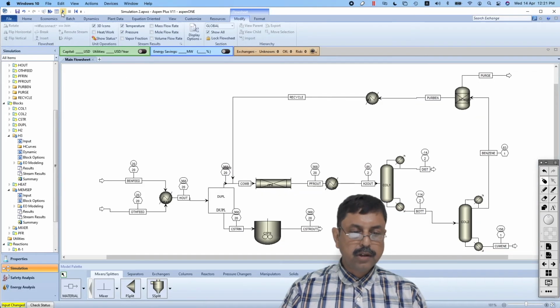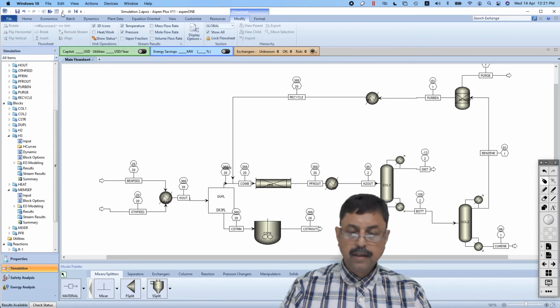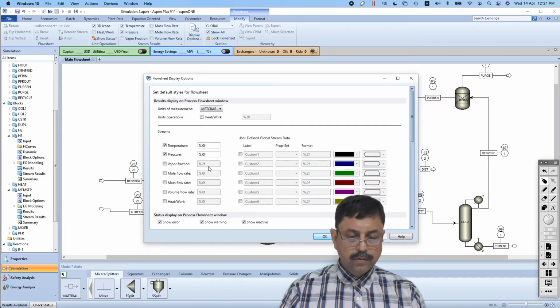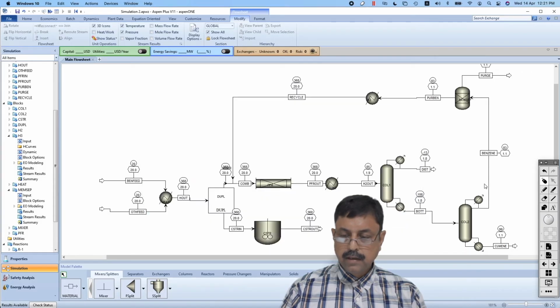So recycling is complete. Run it, and we pray that it converges. Yes, it is converged. So the temperature and pressure of the recycle line is same as the feed line. And the pressure, again, we have to give extra digit after the decimal point, otherwise we will not be able to understand it properly.